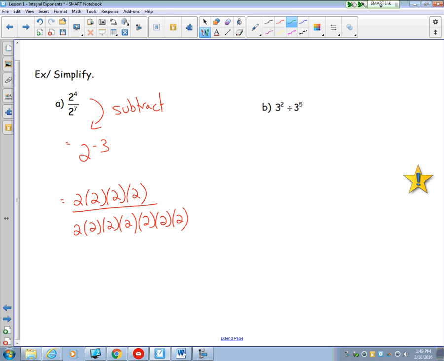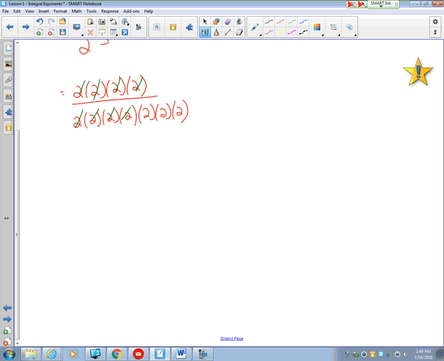One of the nice things about fractions, because this really is a fraction, it's got a line down the middle, is if I have the same thing on the top and the same thing on the bottom, and they're multiplying, I can cancel them. I can cancel this 2 with this 2, this one and this one, this one and this one, and I'm left with an expression that's 1 over 2 times 2 times 2, or in other words, 1 over 2 to the 3.